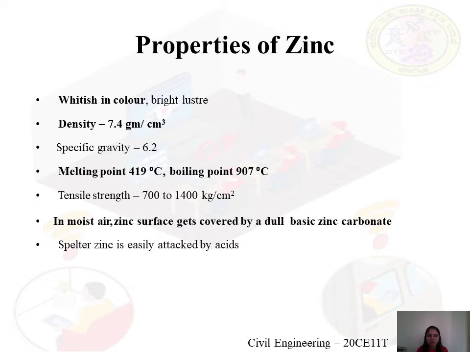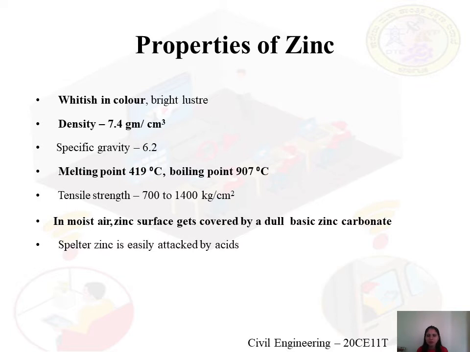It is a good conductor of heat and electricity, as with other metals. It is not affected by dry air, but in moist air the zinc surface gets covered by a dull basic zinc carbonate. Another type of zinc, filtered zinc, is easily attacked by acids.